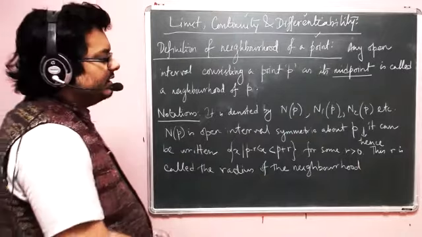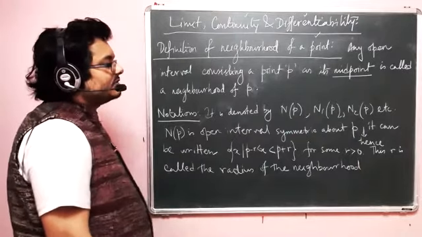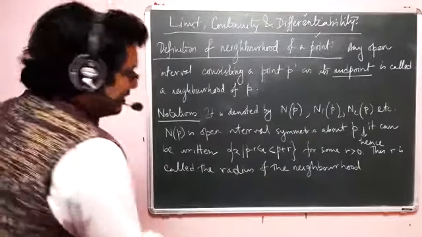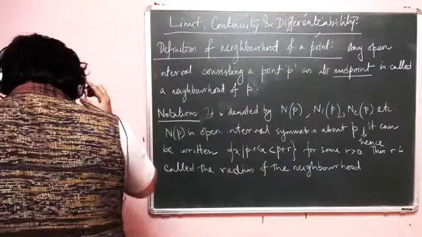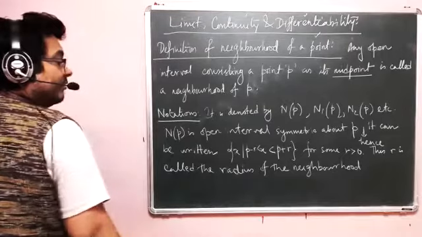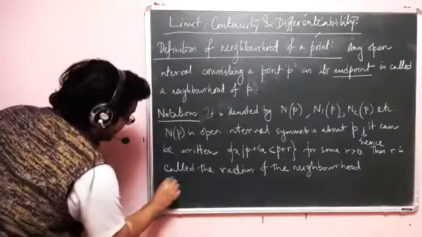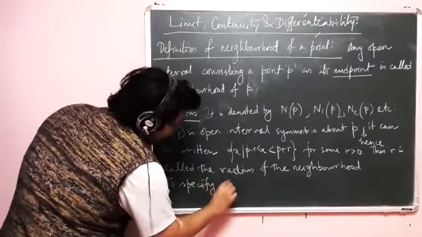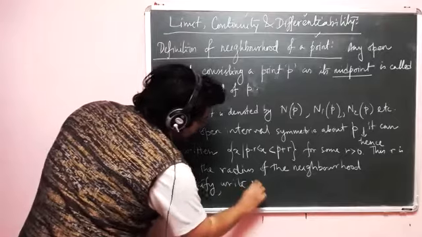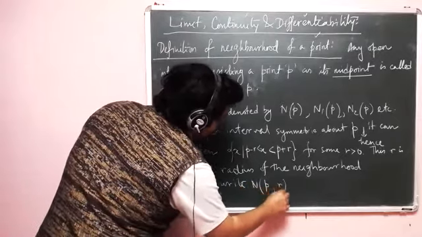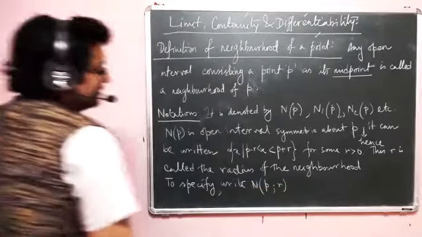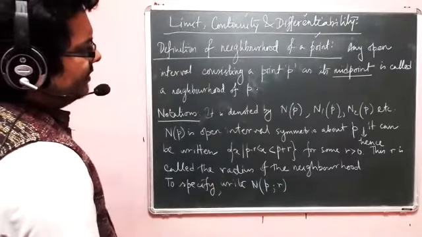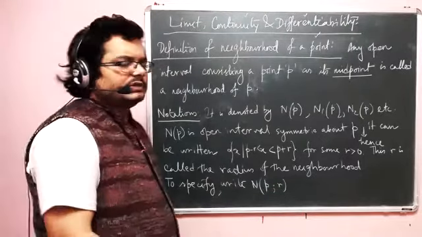All right, so this will become really important when in future you will have to study real analysis. Okay, so if we want to specify, write N of P semicolon R. This semicolon stands for the fact that P and R are of two different characters.